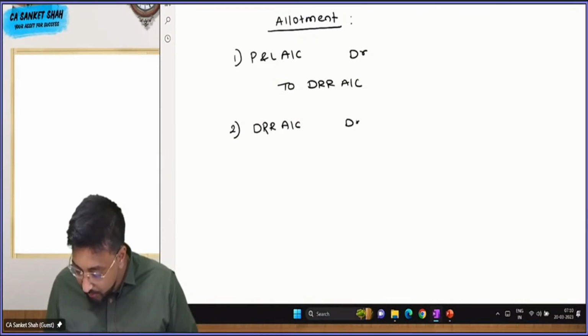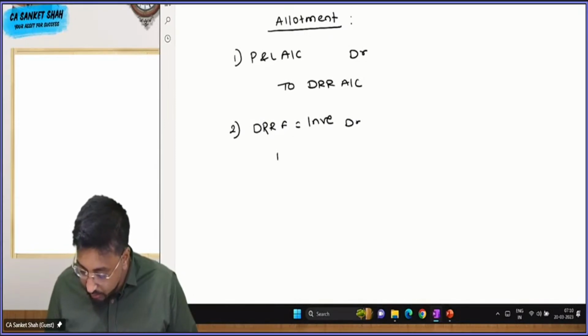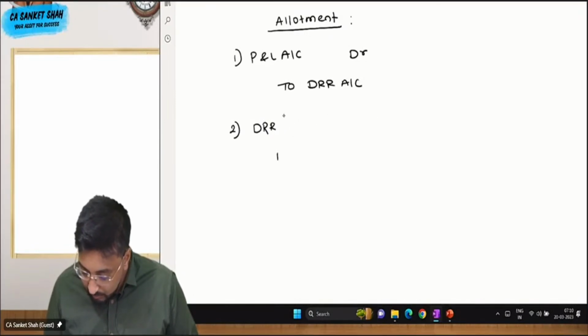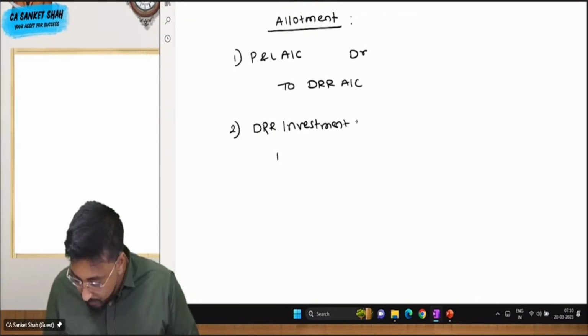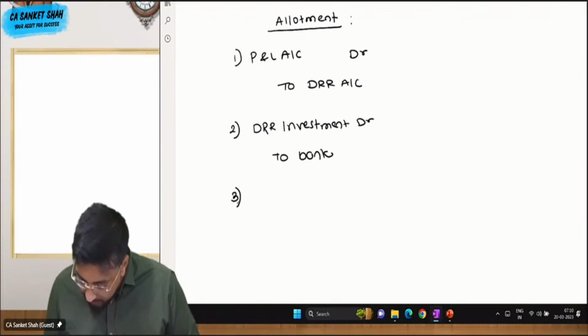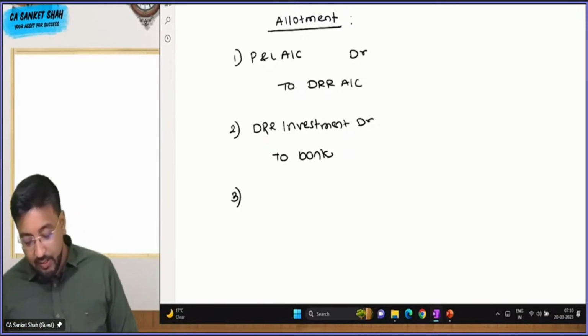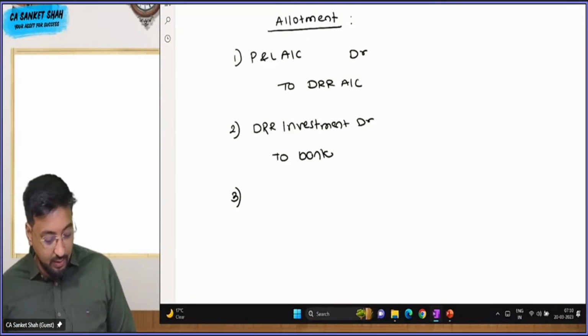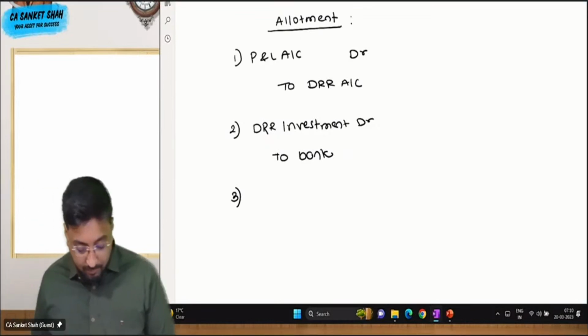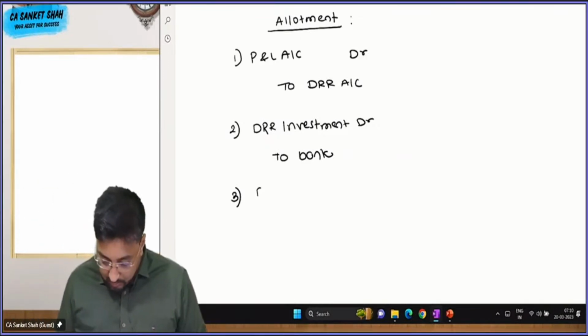DRR investment account debit to bank. Third entry beta, we are getting every year interest on DRR investment, so bank account debit.